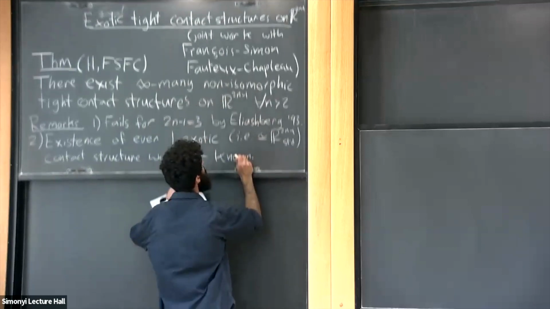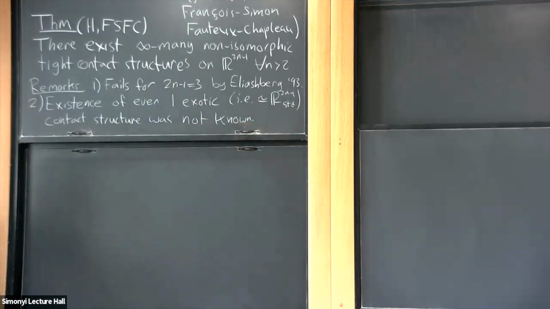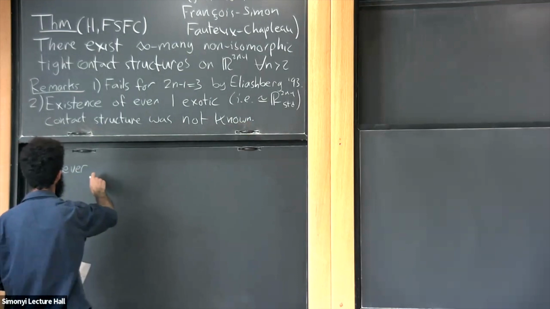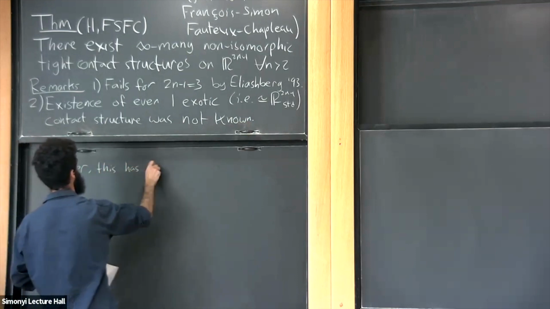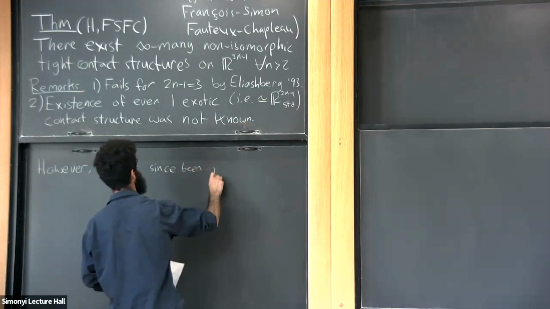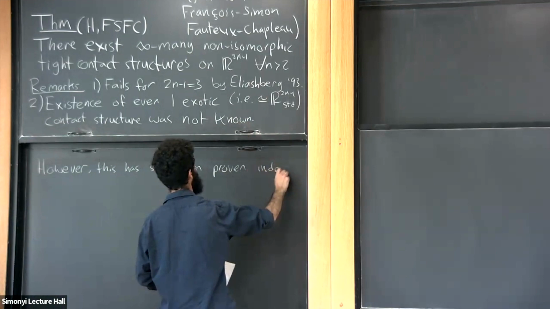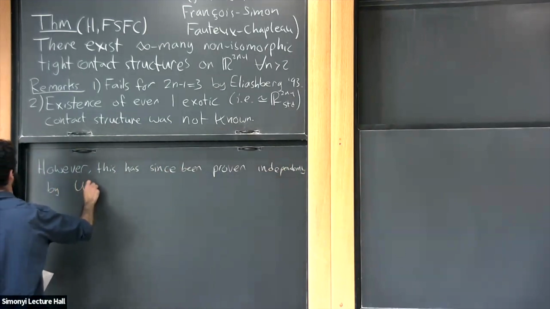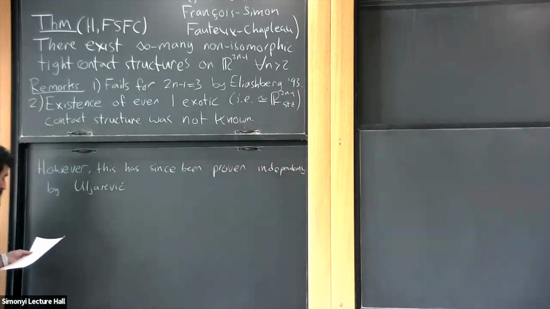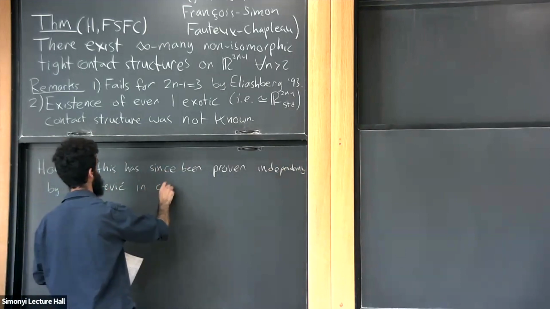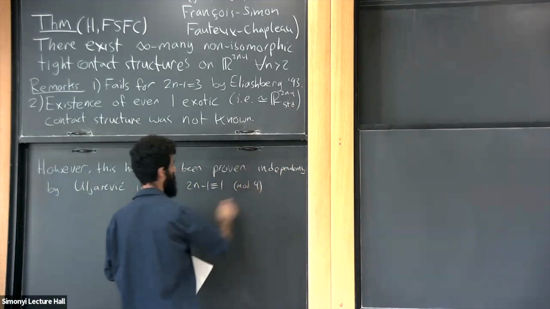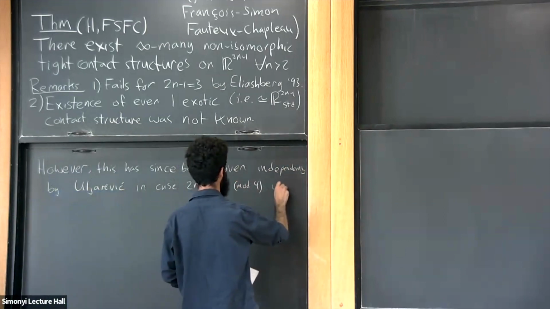However, I should mention that this much has, at least in the case where the dimension is 1 mod 4, since been proven independently from us by Ulrich, in the case 2n-1 equals 1 mod 4, using very different methods from the ones that I'll tell you about, and very nice ones.